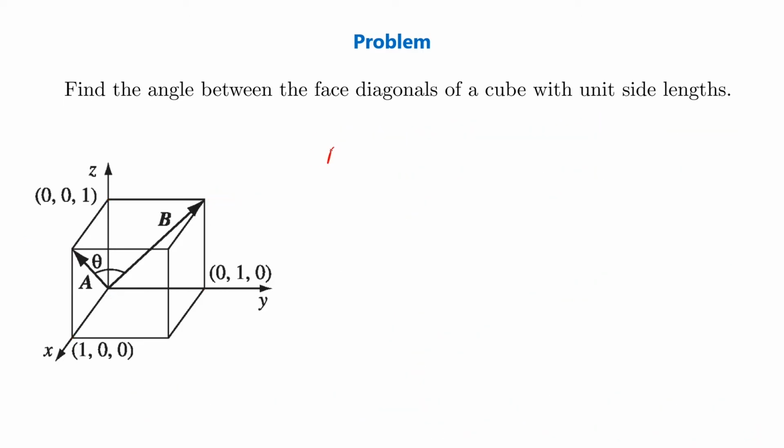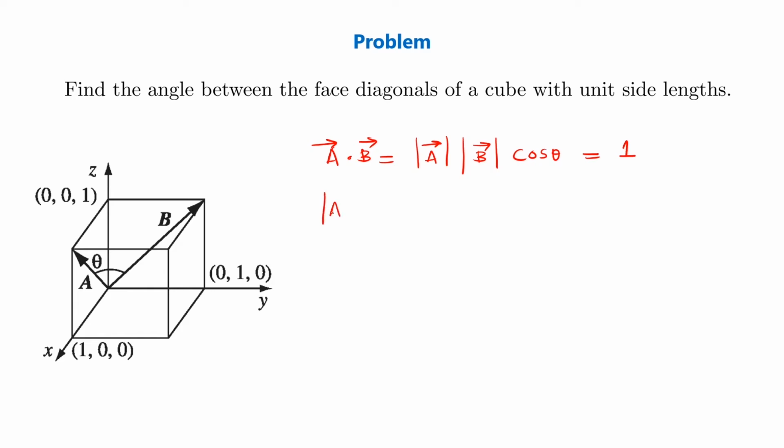Now we also know that A dot B is equal to modulus of vector A times modulus of vector B times cos theta. This we have found out to be 1.